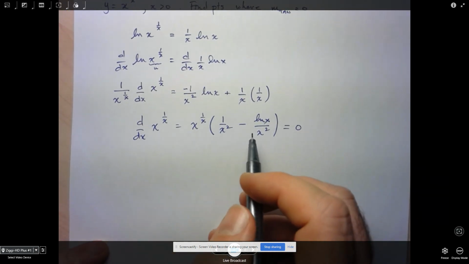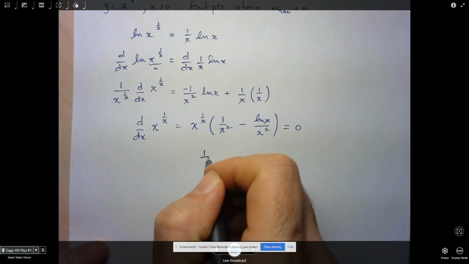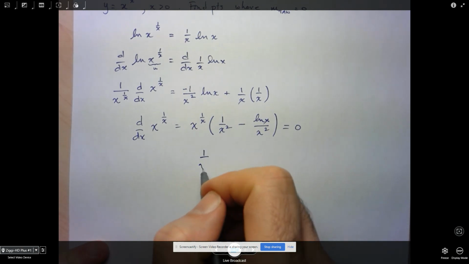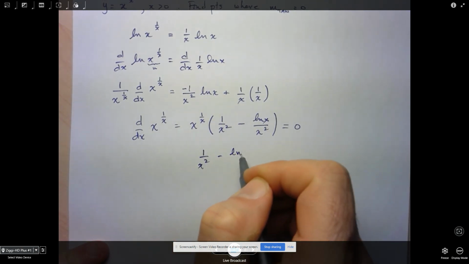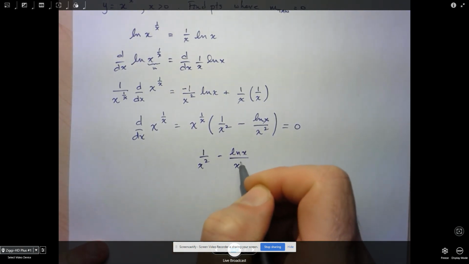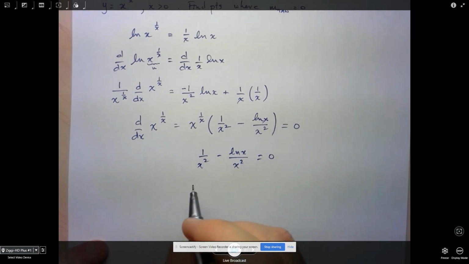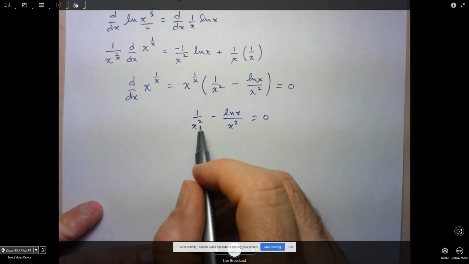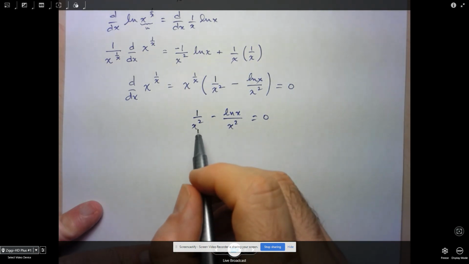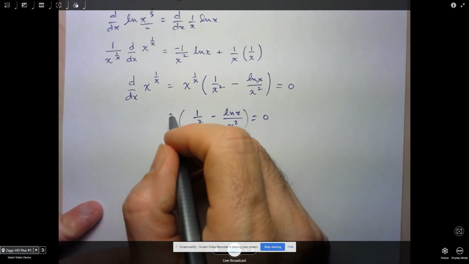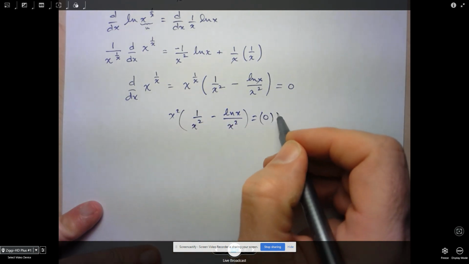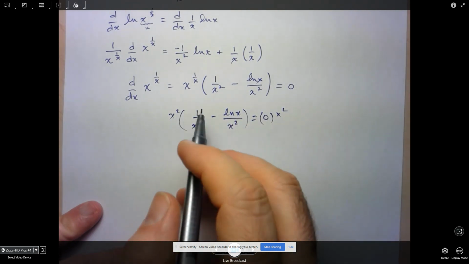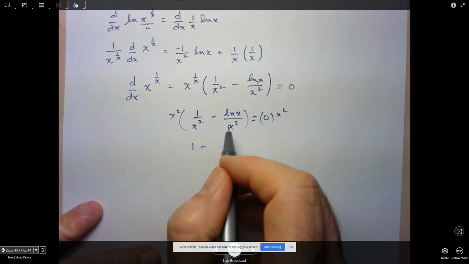So what we have to worry about is when this factor in the bracket is equal to 0. But this is something fairly easy to solve. The first thing I'm going to do is multiply both sides by the lowest common denominator, which is just x squared. If I multiply the left by x squared and the right by x squared, this just becomes 1 minus ln x equals 0, since the x squareds cancel out.